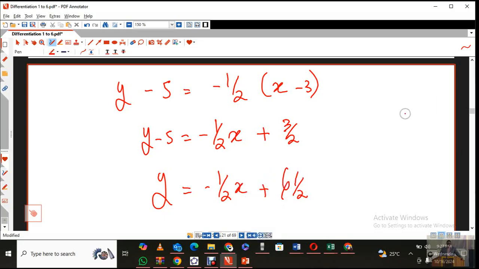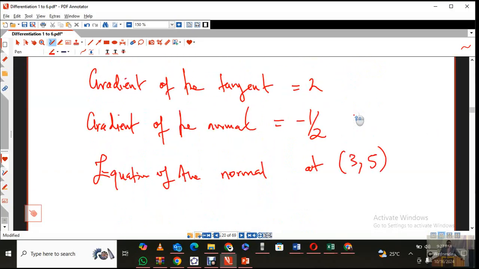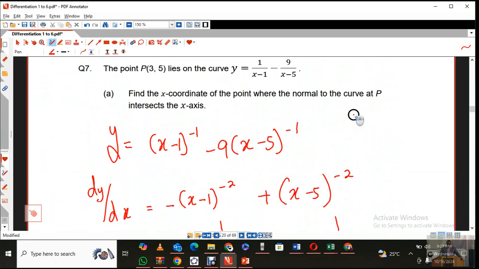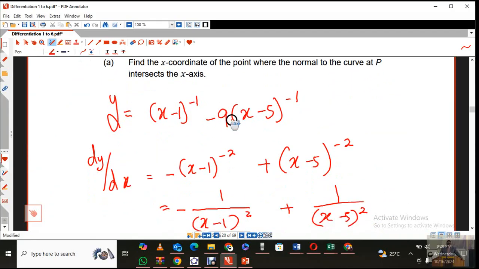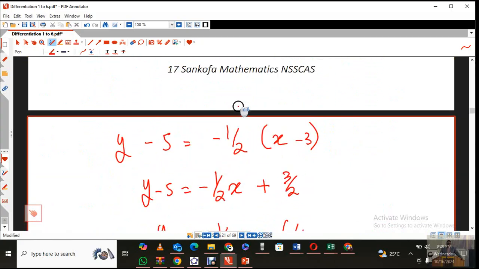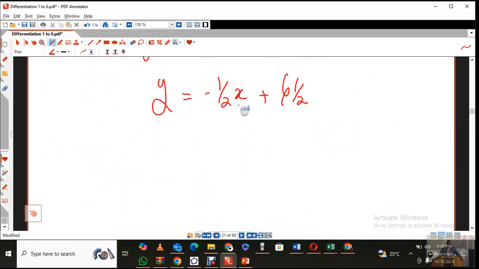Okay, let's just go back to the problem. It says the x-coordinate of the point where the normal to the curve at P intersects the x-axis. When that happens, y will be 0. So for the x-intercept, it implies that y will be 0.